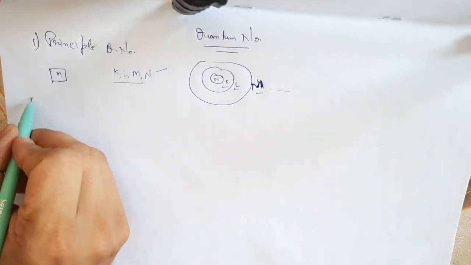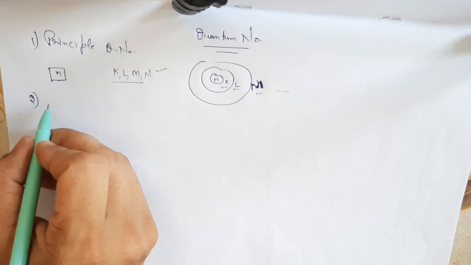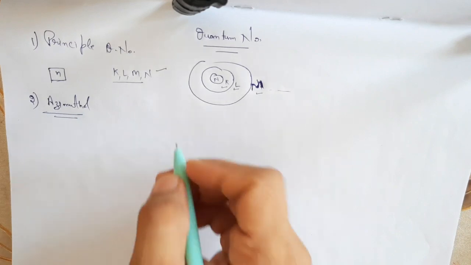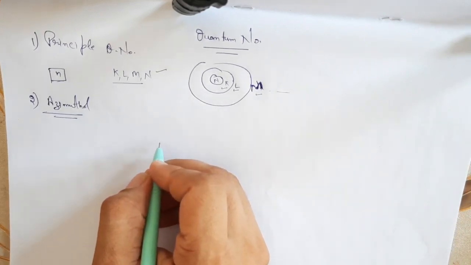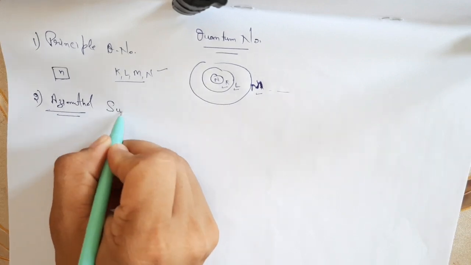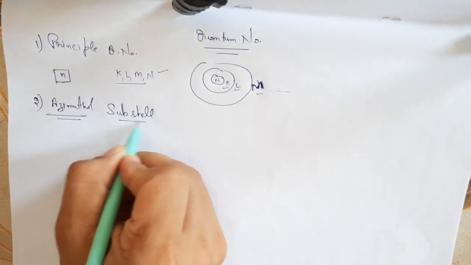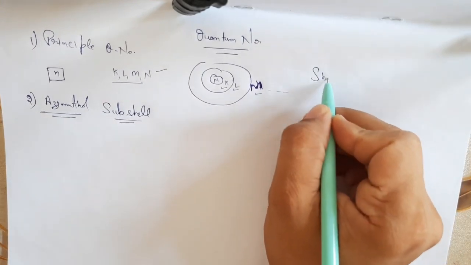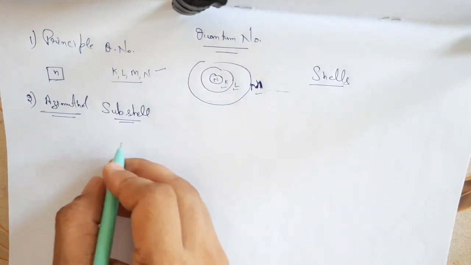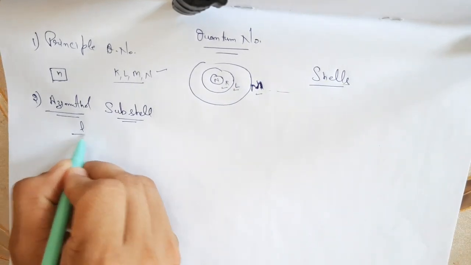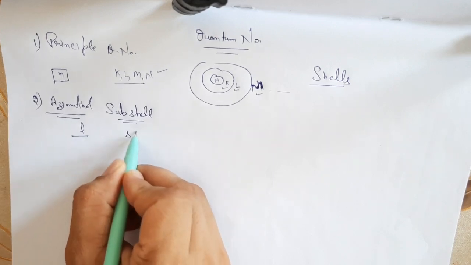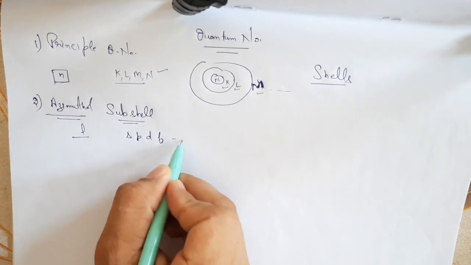Now the second type of quantum number is the azimuthal quantum number. Azimuthal quantum numbers tell us about the subshell in which an electron lies, whereas the principal quantum number tells us about the shell of an electron. It is represented by small l, and the subshells are S, P, D, F, and so on.